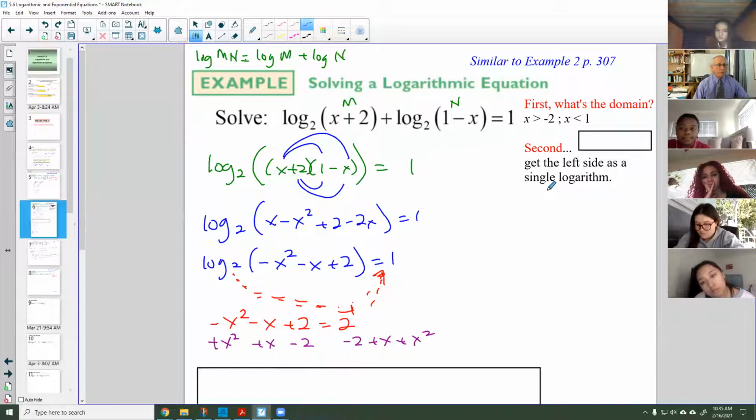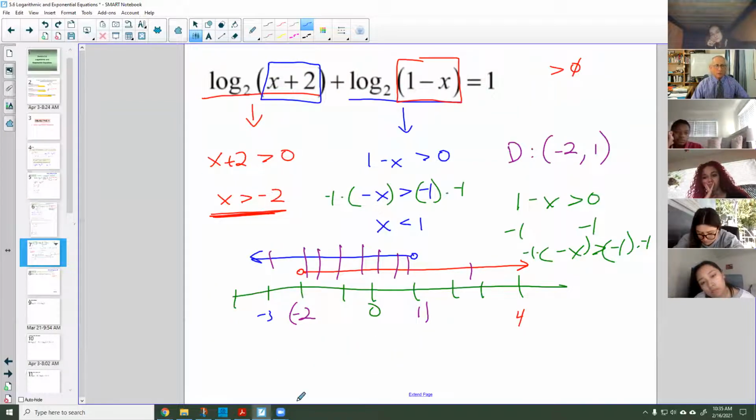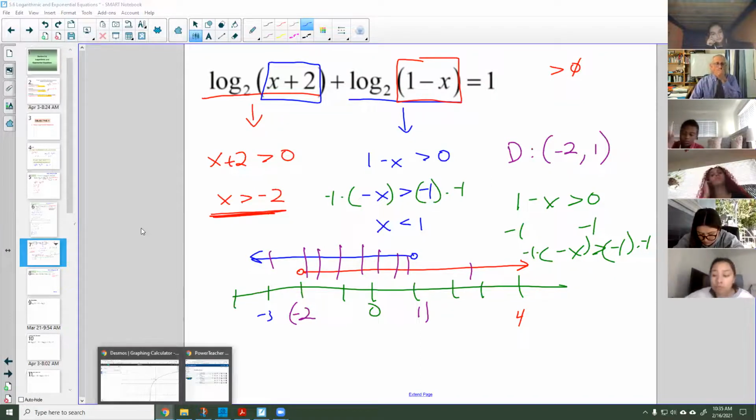So let's take a look and see. Let's go to Desmos.